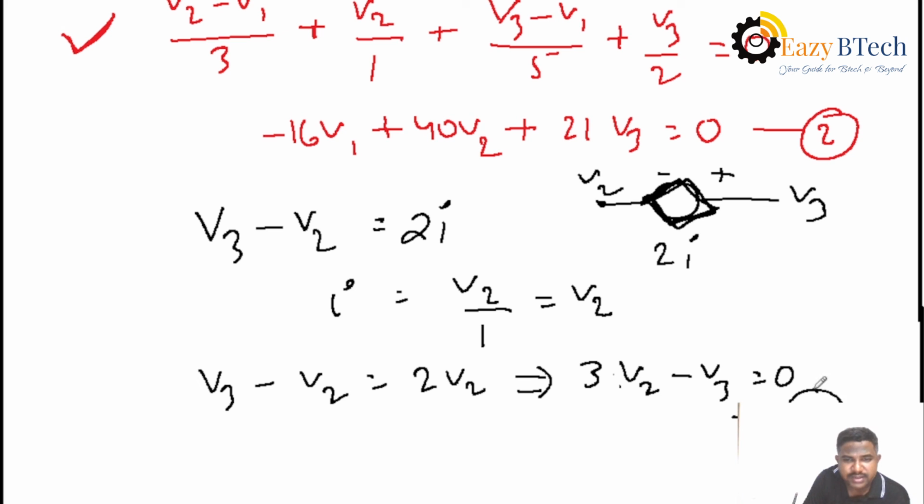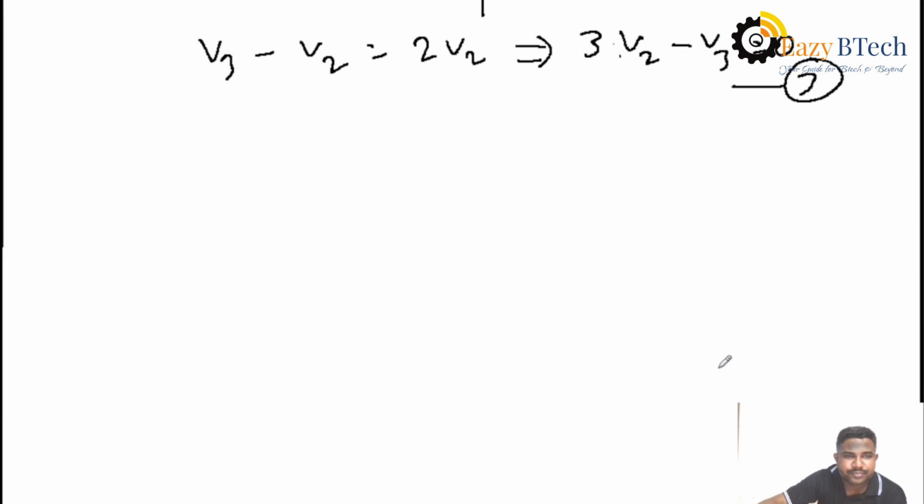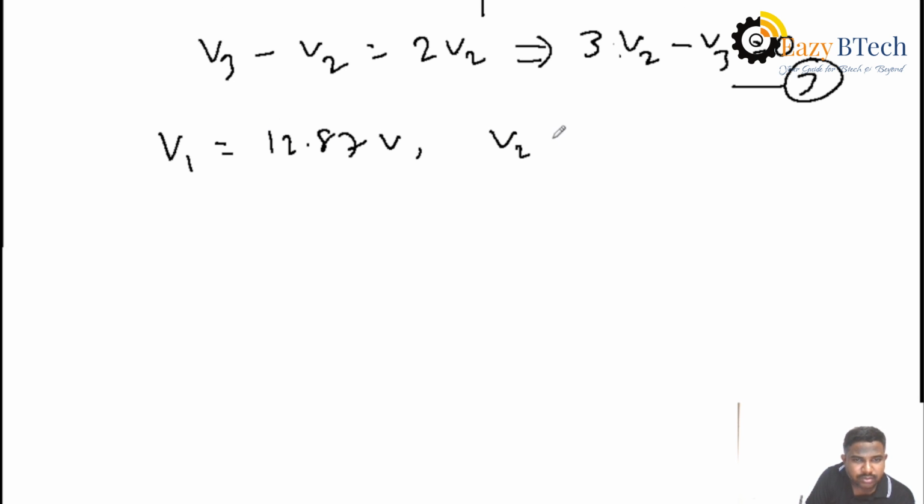This is taken as equation 3. After writing the nodal equations, you can simplify them. Then you will get V1 is 12.87 volts, V2 is 2 volts and V3 is 6 volts here.